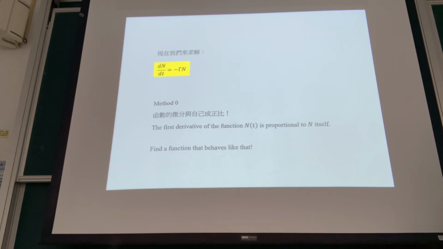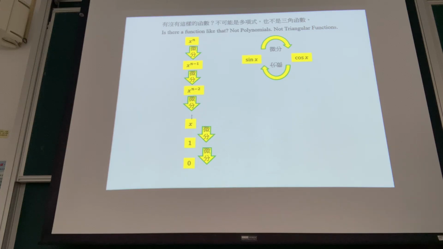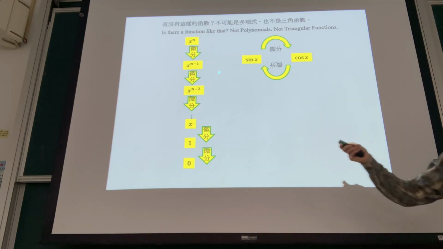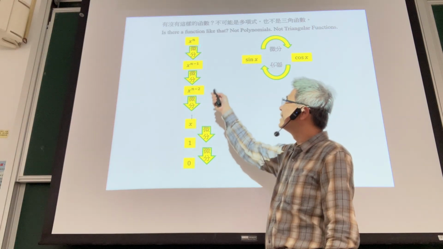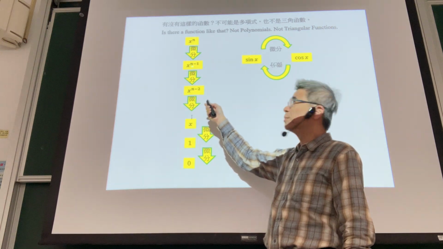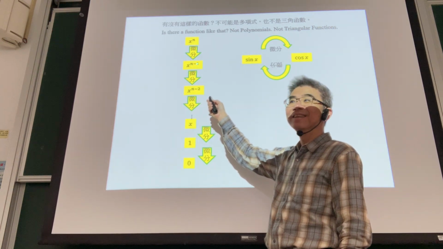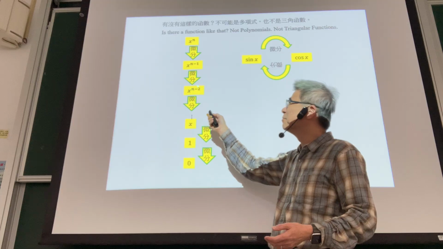So if you want to solve it, find a function that behaves like that. First, you know a polynomial couldn't be, because every polynomial, when you take the derivative, decreases the power. When it's n, doing the first derivative, it becomes n minus 1, and taking the derivative again, it becomes n minus 2.